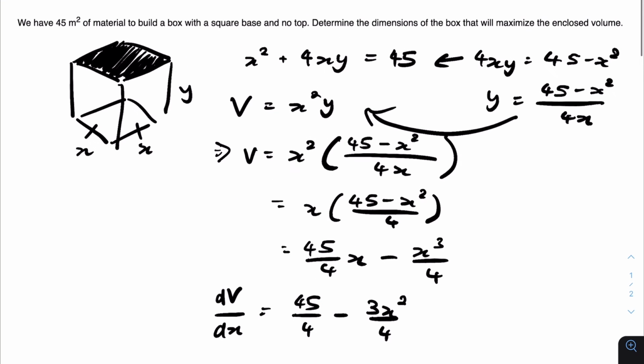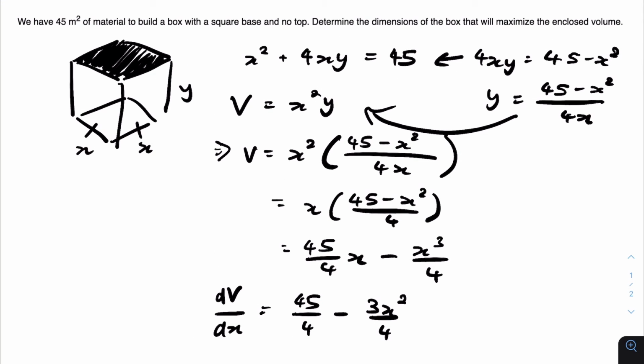All right, so now we've got our x value. We have to find a y value because we've got the length of the base of the box, which is root 15 units. And now we need to get the height of the box represented by y. Well, that's pretty simple actually, because all we need to do is substitute that into this equation over here and find the value of y that suits it.